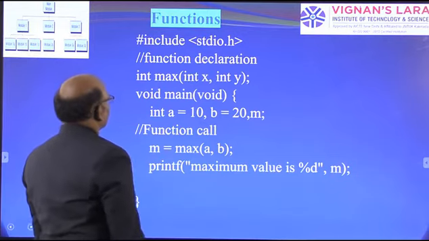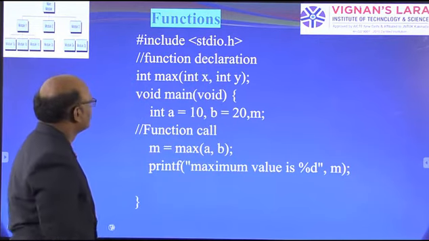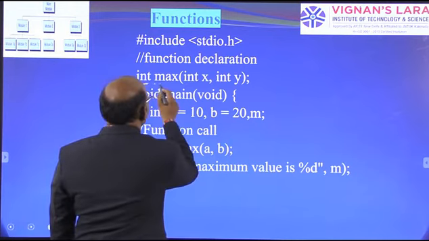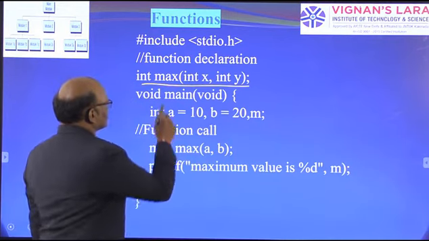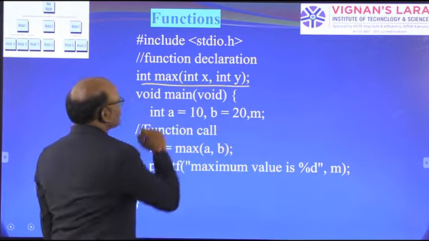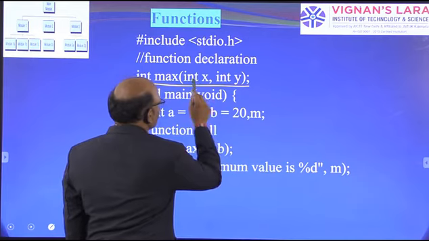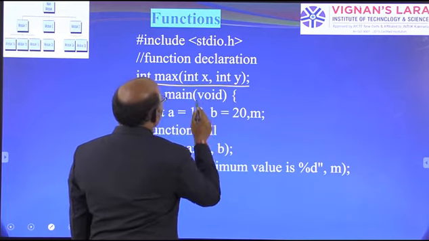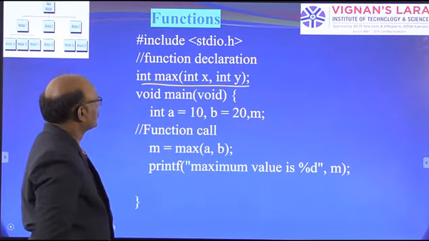See here, first I am including the header file stdio.h. Then the function declaration. Here it is my function declaration. The function name is max. There are two arguments of type integer, int x comma int y, or you can simply use int comma int in the function declaration.